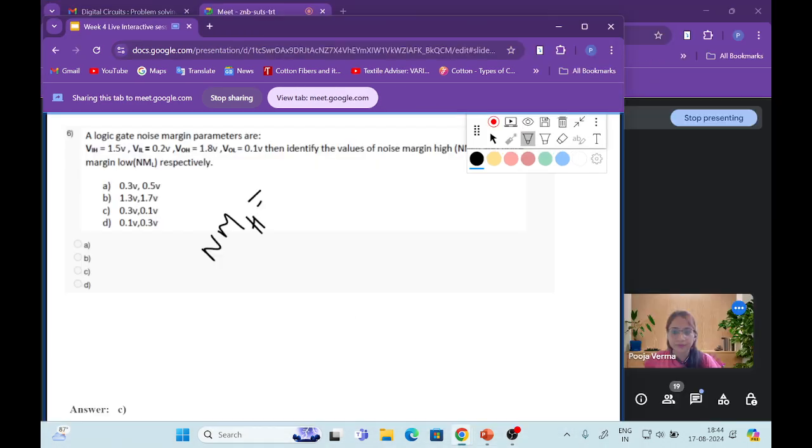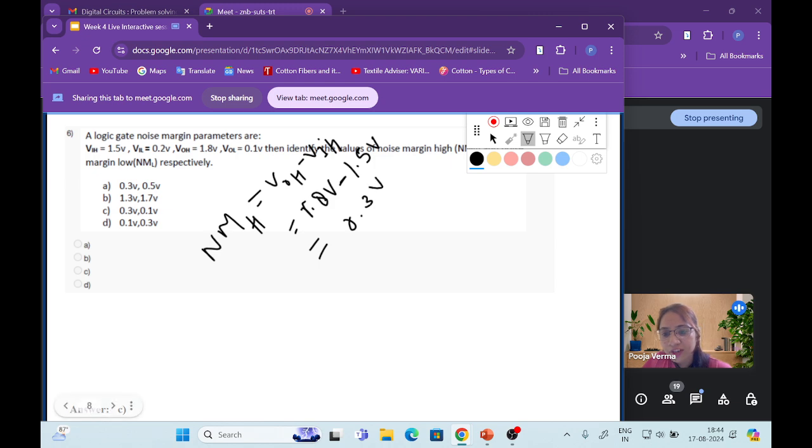Here VOH value is given, that is 1.8 volt, minus VIH. What is the value of VIH? 1.5 volt. So what we will get? 0.3 volt for noise margin at high level.